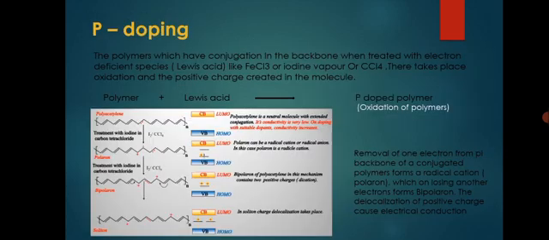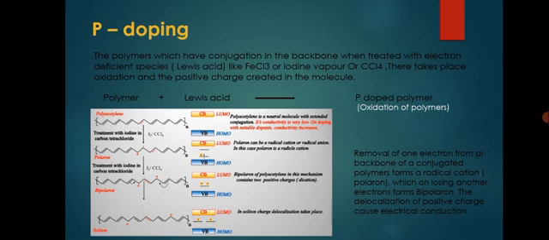Now moving on to the first doping case, that is p-doping. In this type of doping, the polymers which have conjugation in the backbone, when treated with electron deficient species such as Lewis acids like FeCl3 or iodine vapor or CCl4, carbon tetrachloride, there takes place an oxidation and a positive charge is created in the molecule, as we can see in the following figure, showing how polyacetylene converts into a polaron, bipolaron and a soliton.